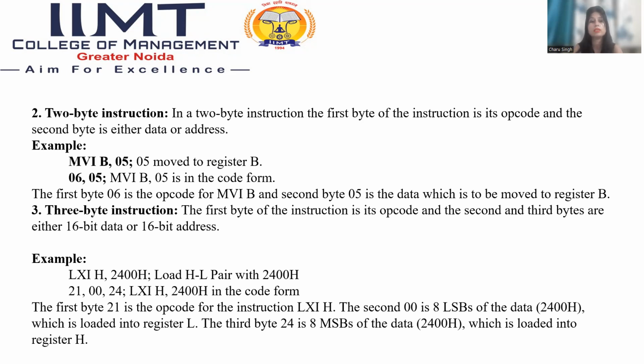The first byte, 21, is the opcode for the instruction LXI H. The second byte, 00, is the 8 LSBs of the data 2400H, which is loaded into register L. The third byte, 24, is the 8 MSBs of the data, which is loaded into register H. Here LSB and MSB are the least significant byte and the most significant byte.